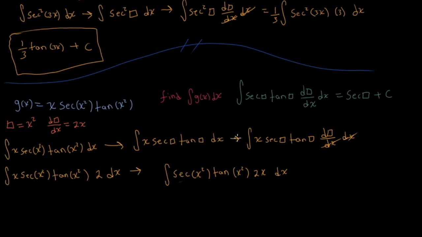The only problem is that this is a slightly different looking expression than our original because of this 2. This 2 changes everything. So to make this expression still equal the original, we just cancel out the 2 by multiplying by 1 over 2, and we put it outside the integral so that the integrand still takes this form.